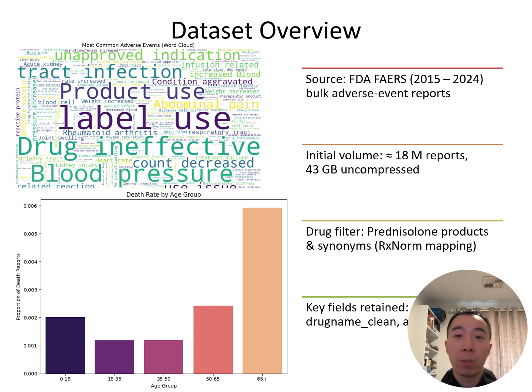Standardization and deduplication were performed using RxNorm mapping. The key fields we retained were PT, preferred term for symptoms, NDPT, indication, drug name clean, normalized drug name, age, sex, and the dechallenge field indicating the outcome.